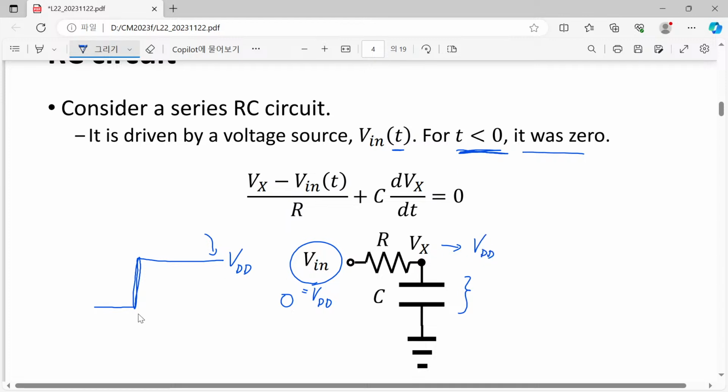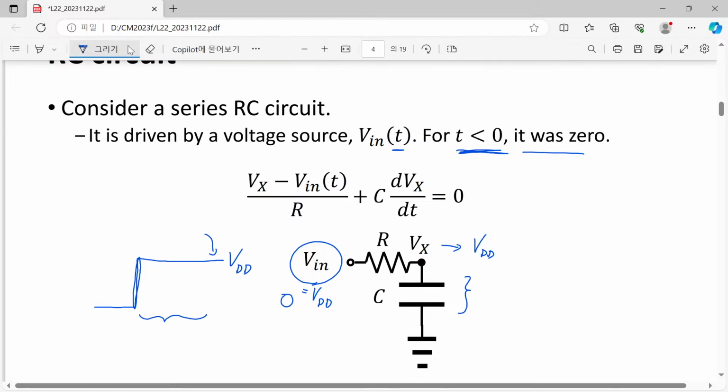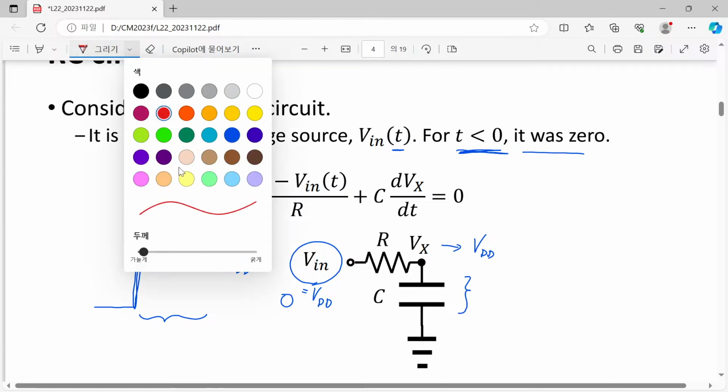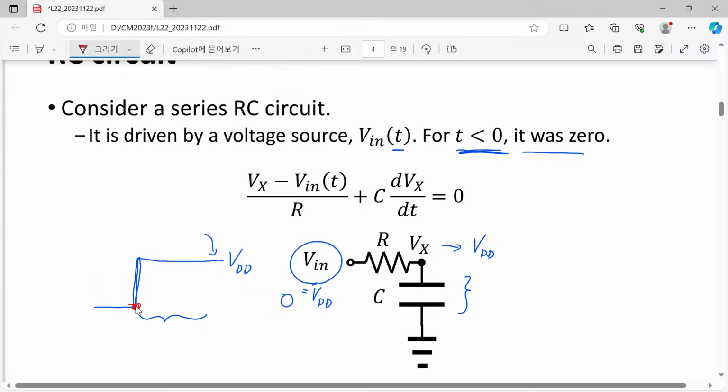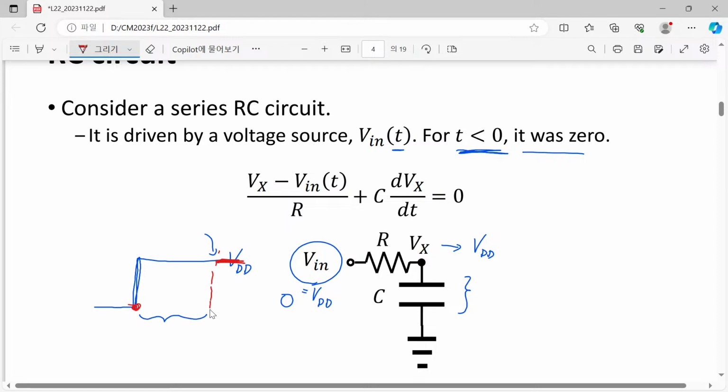However, we have some transient behavior, starting from 0 before eventually reaching VDD. How the intermediate behavior of V sub x looks is the matter of concern in our problem.